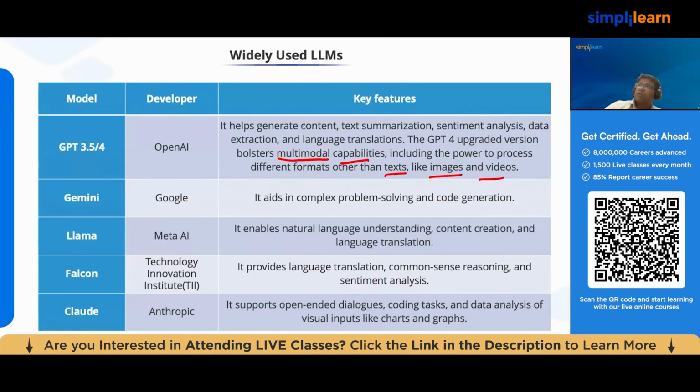It helps to generate content, text summarization, sentiment analysis, data extraction, or language translation. We saw these examples yesterday, how we can convert one text into multiple languages. Data extraction we will see today, and how we can leverage it.